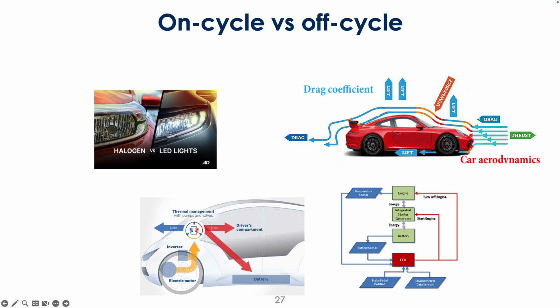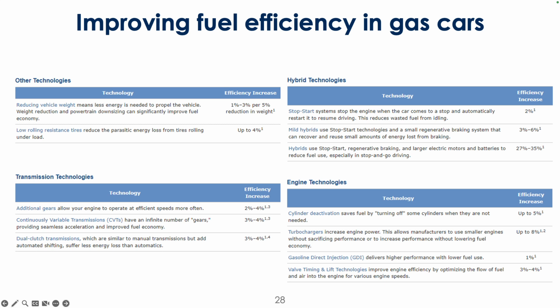With a dynamometer, the rollers are meant to reflect air drag by increasing friction, but they don't differentiate between different car aerodynamic shapes. And so that's another area that we would consider to be an off-cycle test.